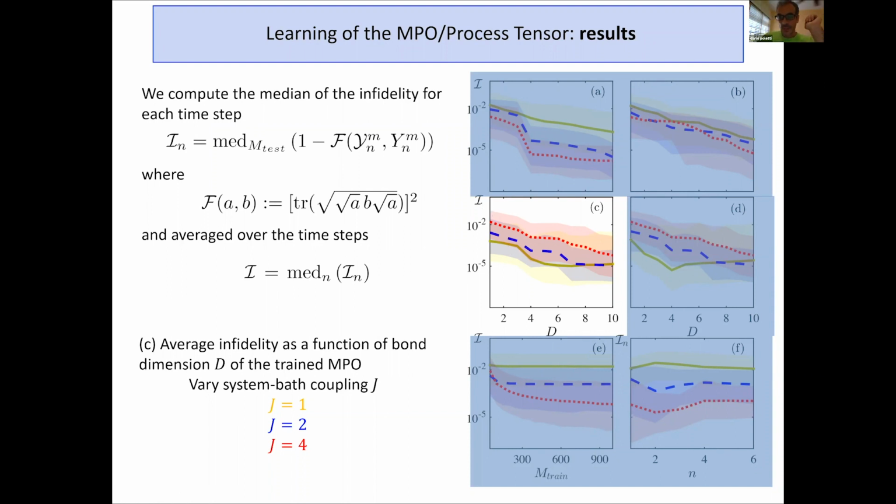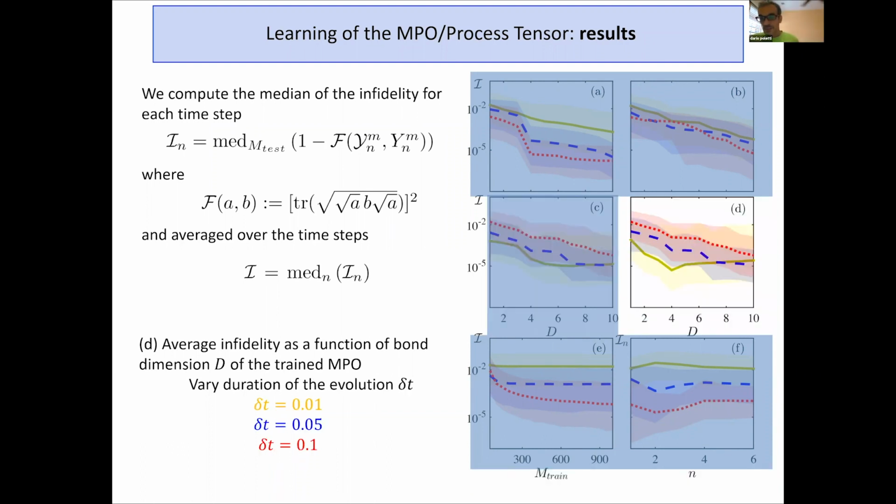The next thing we can look at is exactly what I was telling you just now, this issue of time. For example, how frequently am I doing the measurements? If I'm doing the measurements very frequently, there is hardly any evolution, and the environment has no time to act on the system.